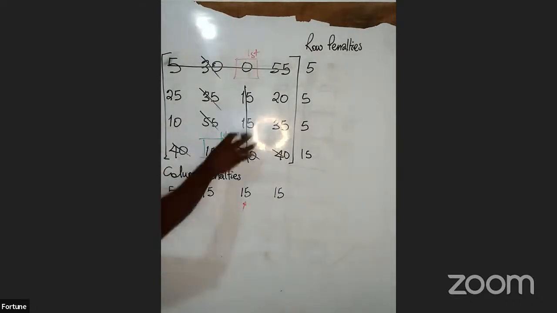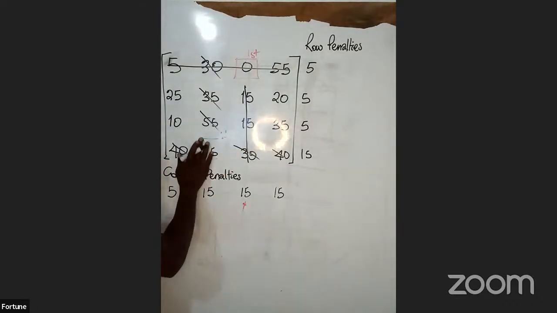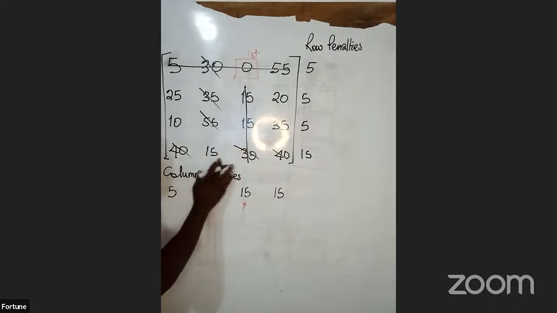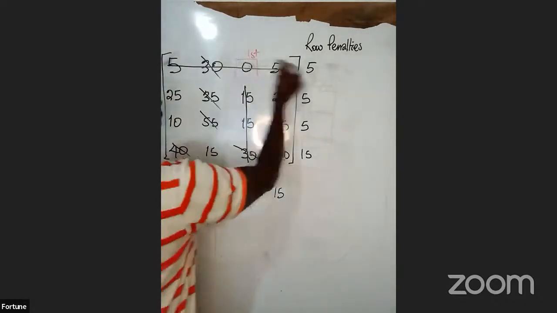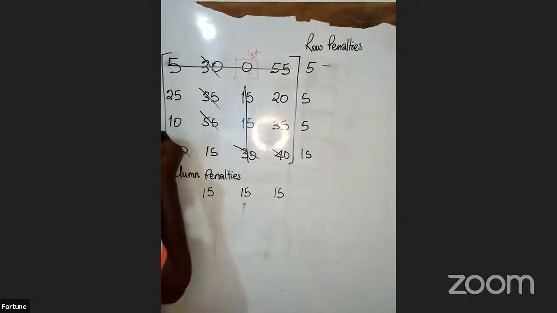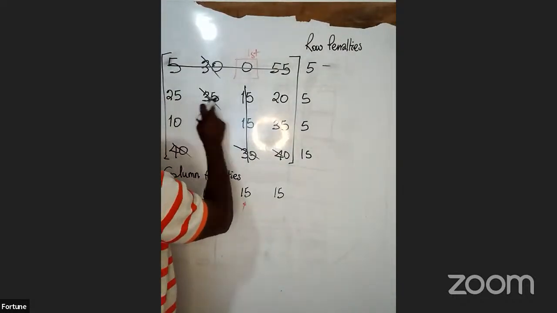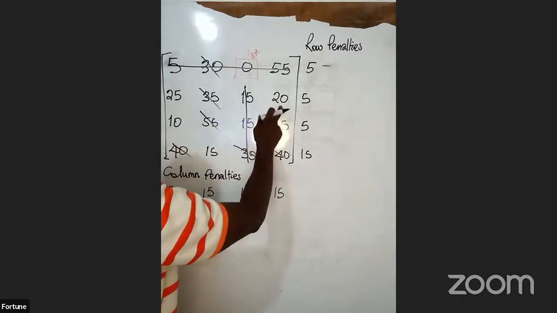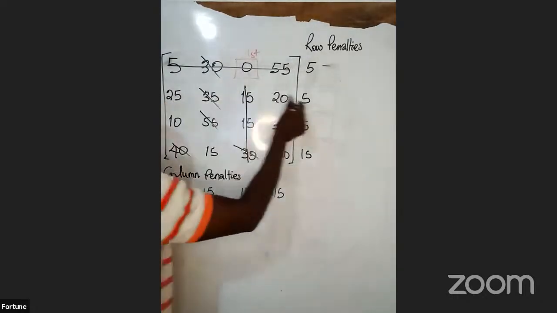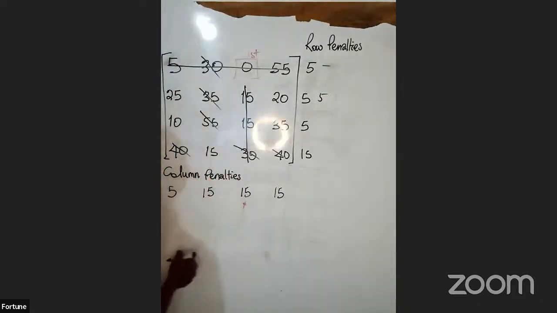So you see all others are left. This hasn't been assigned. You've done the first set of penalties. Do the same, find the next set of penalties. You've cancelled everything here, so dash. Here, you've only cancelled out 15. It means the list here is 20, and the next list is 25. The penalty is 5.